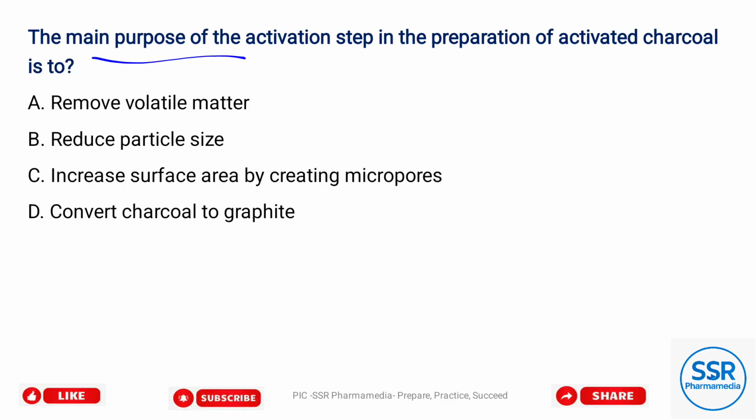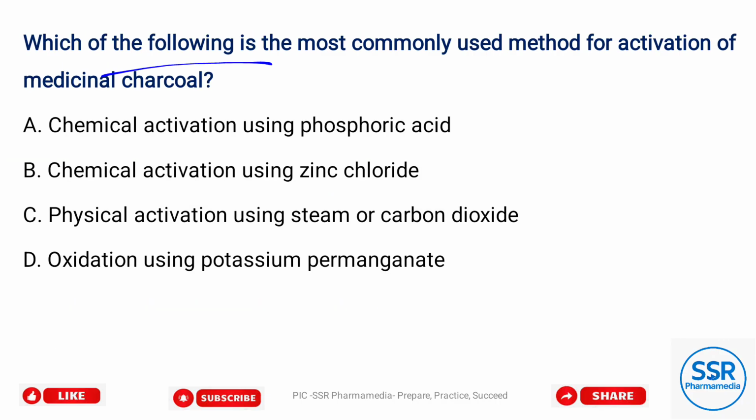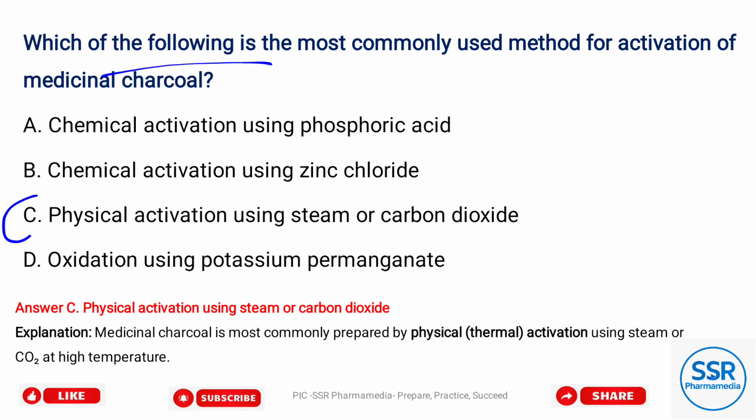The main purpose of the activation step in the preparation of activated charcoal is to, option C, increase the surface area by creating micropores. Which of the following is the most commonly used method for activation of medicinal charcoal? Option C, physical activation using steam or carbon dioxide.